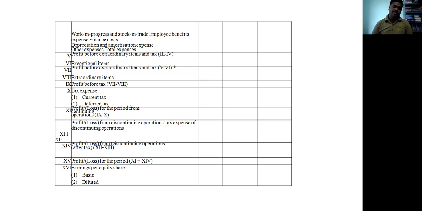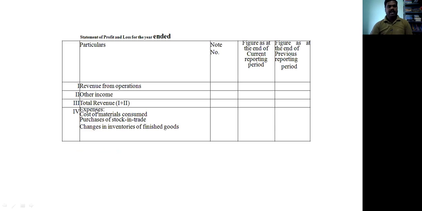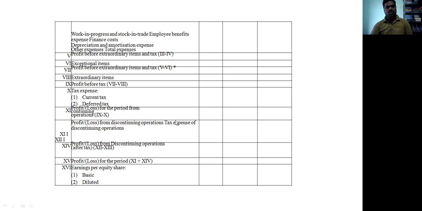However, the expenses are to be segregated as cost of material consumed, purchase of stock in trade, changes in inventories of finished goods, and work in progress. From that will come the profit before extraordinary items and tax. If any exceptional items are to be taken, they have to be deducted to arrive at profit before tax.